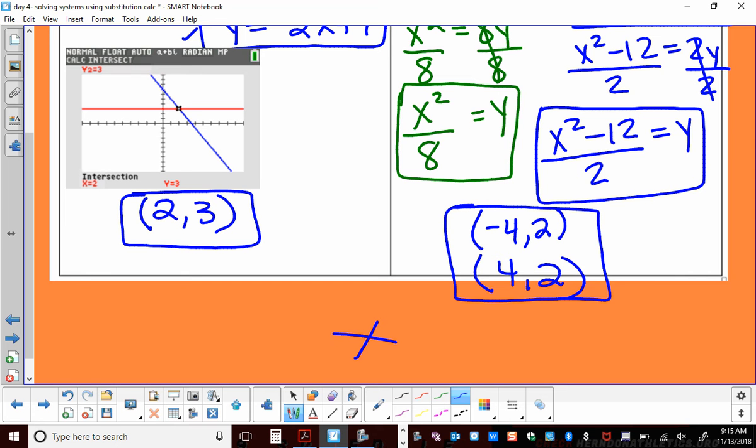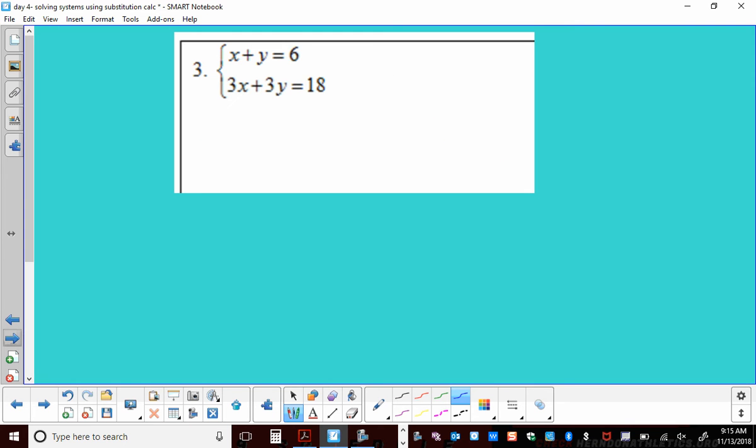You guys getting this? Pretty easy. The hardest part, believe it or not, is just making sure you're taking your time on how to solve for y. Because if you write it in the wrong equation, then your whole solution is wrong.